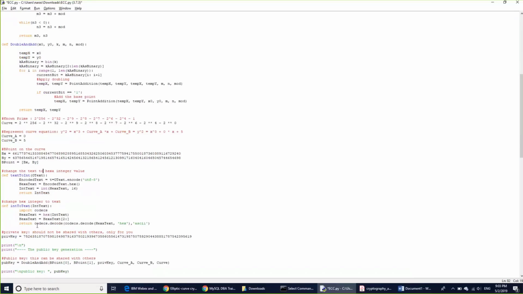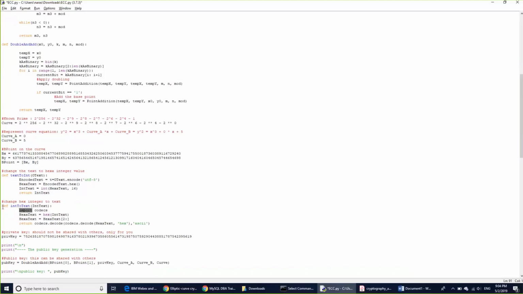And this portion converts the original text message to a hexadecimal integer value. This is used during the encryption process, and this one reverses it, from the hexadecimal integer value to the real text.